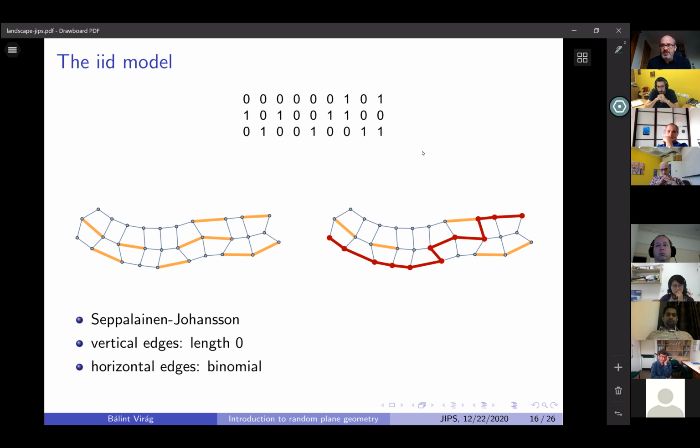And so you can see here is a realization, and the longest path in this picture has length 5. And what you see up there is the data that this thing is built on, the Bernoulli process that is there. So how do we understand this model?